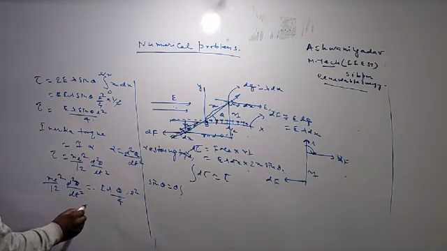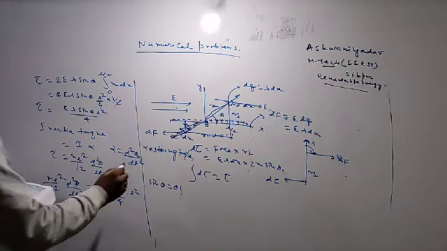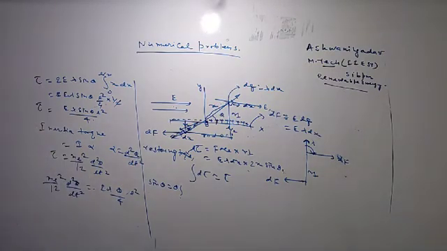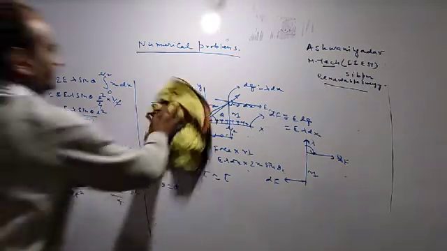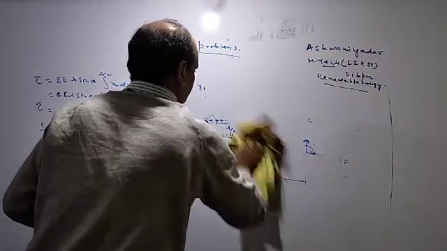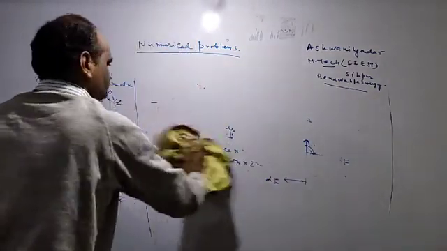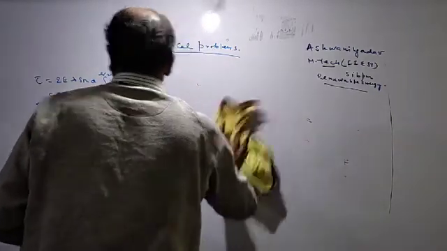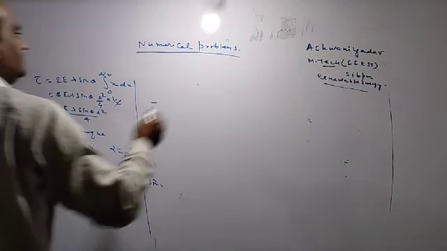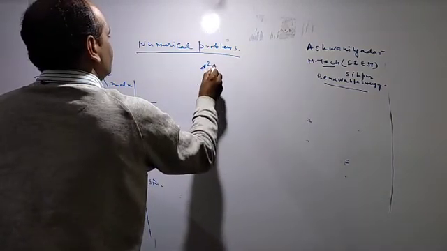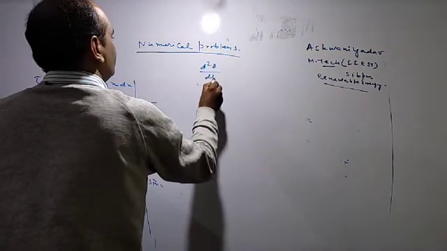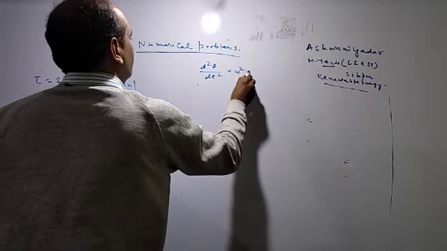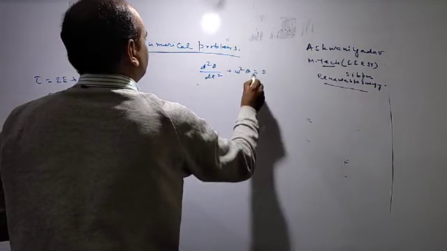Now, you know the general equation of SHM. Theta is angular displacement, d2 theta by dt square plus omega square theta is equal to 0.